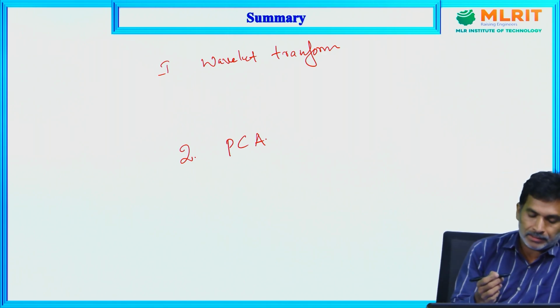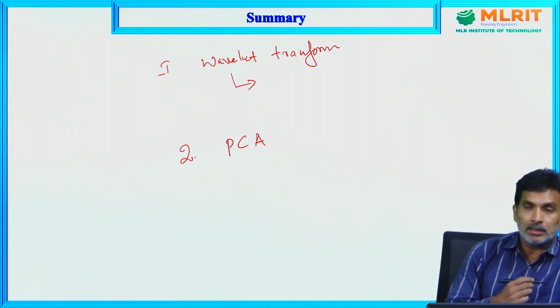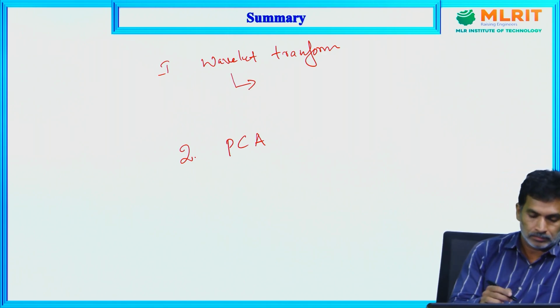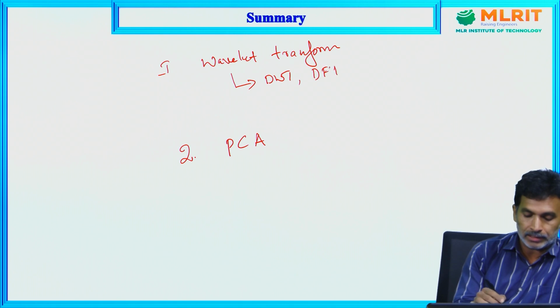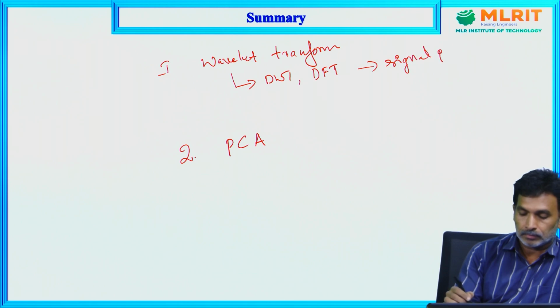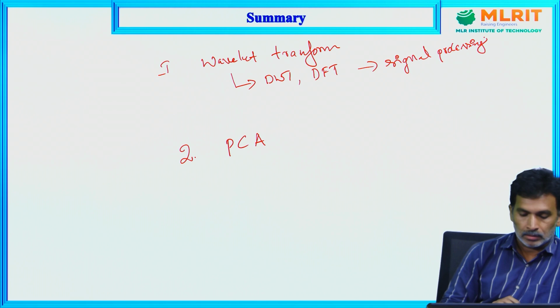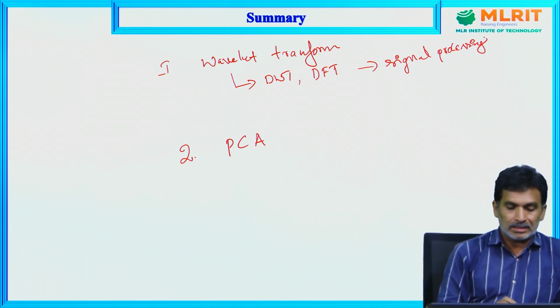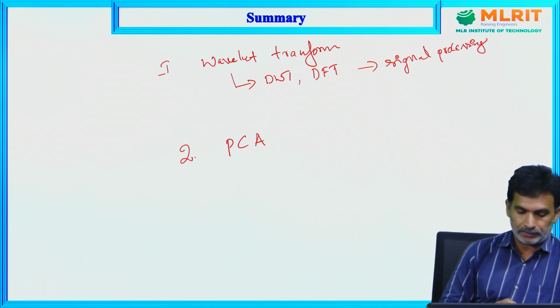For the wavelet transform, we discussed what we mean by wavelet, the discrete wavelet transform and the discrete Fourier transform. These are mainly used in signal processing, and these methods are used as data reduction techniques.